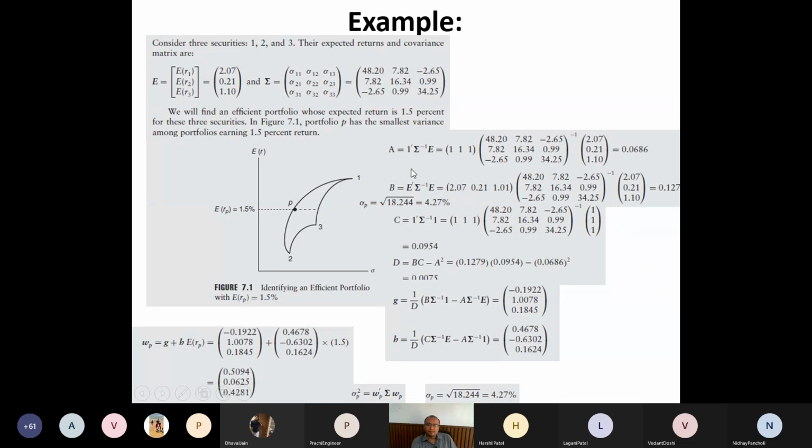From that we found A, B, C, D, then substituted in G and H, then the equation of WP, and from WP we substituted in sigma P square, and we determined the risk corresponding to this portfolio also. So this way we can find the optimum weights.